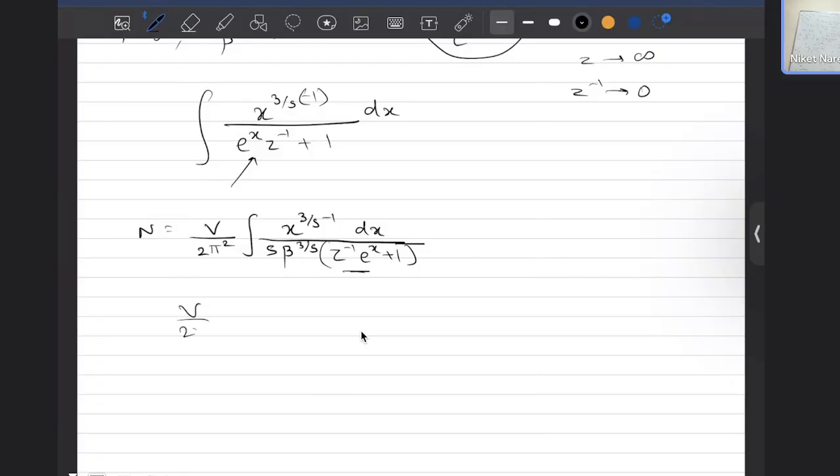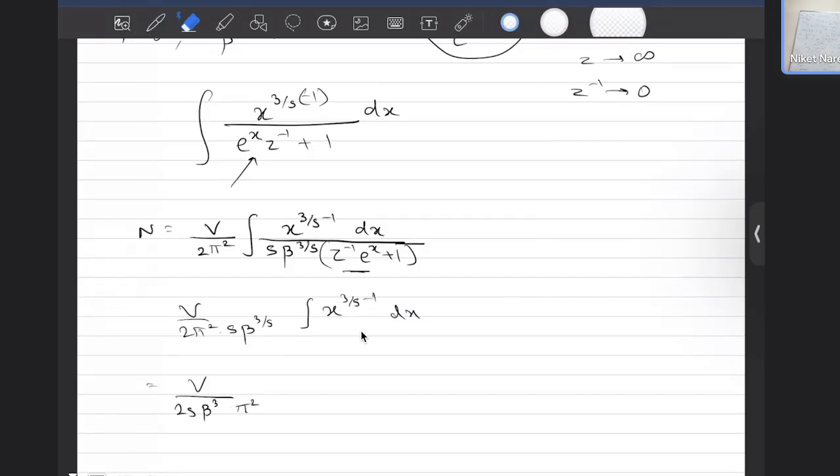So v by 2 pi square into s beta power 3 by s, something I'll keep outside. This integral will evaluate to what? This is just integral x power 3 by s minus 1 dx. This is v upon 2s beta power 3 by 2 pi square. 3 by s, it's not 3 by 2, sorry. 3 by s pi square into x raised to 3 by s into s by 3.